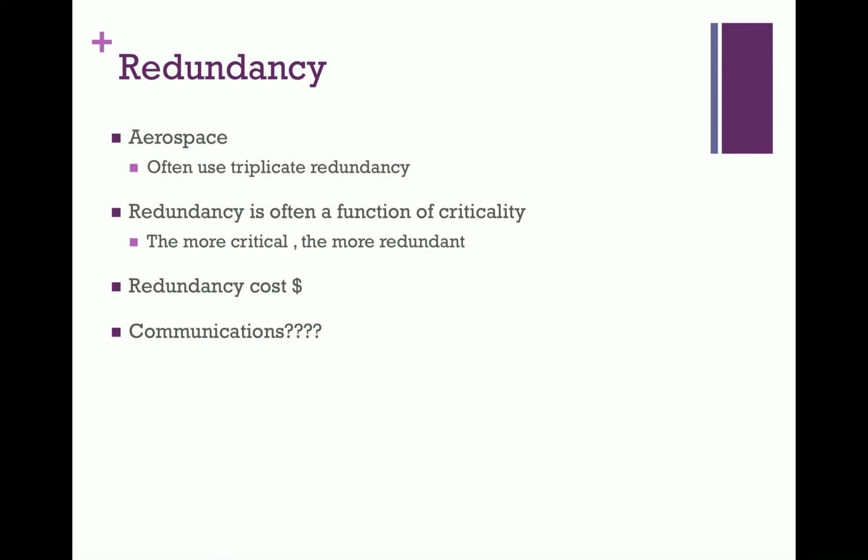When I say function of, what I really mean is as criticality goes up, redundancy goes up. So you can't always treat everything as equal. You can't say everything has to be quadruple redundant. What you need to do is rank and prioritize what needs to be redundant, and those are going to be the most critical components.